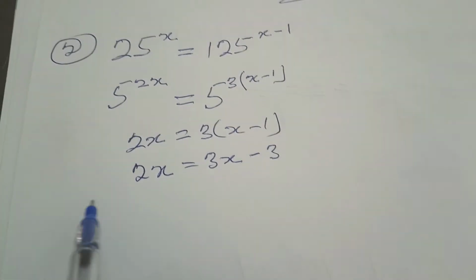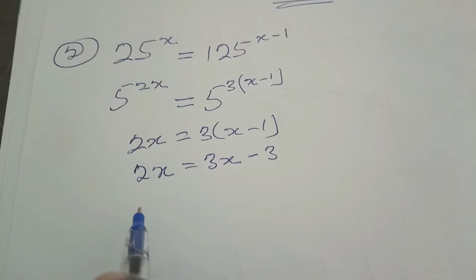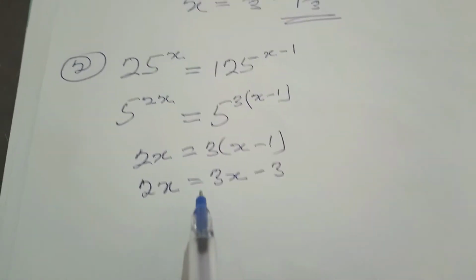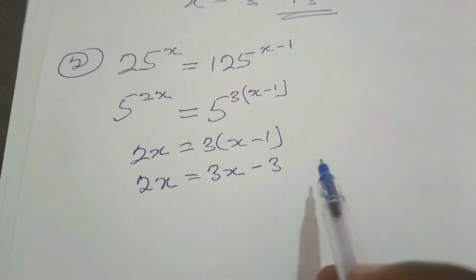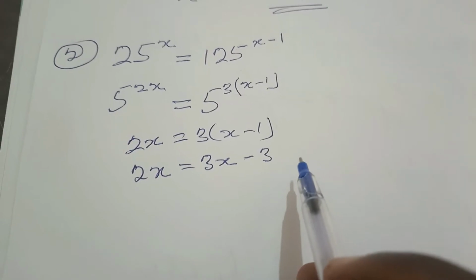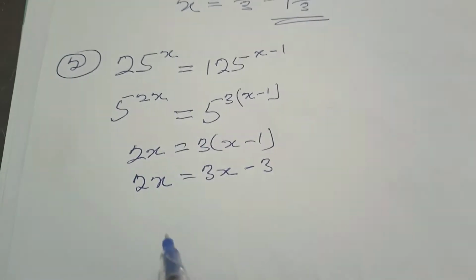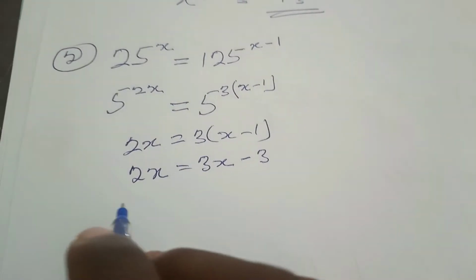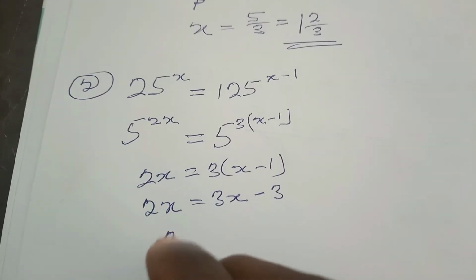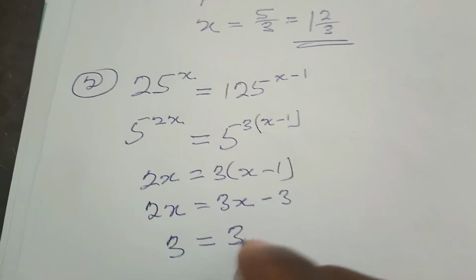This 3x is bigger than the 2x, and I don't want my x to be negative, so I will group the x terms to the right hand side and bring the constant term to the left side so that I don't have negative x. So this one comes to the left and becomes positive 3, which will be equal to 3x, which is already at the right side.